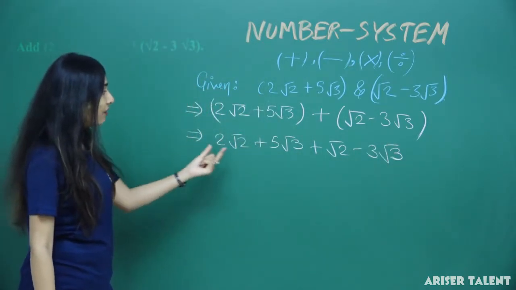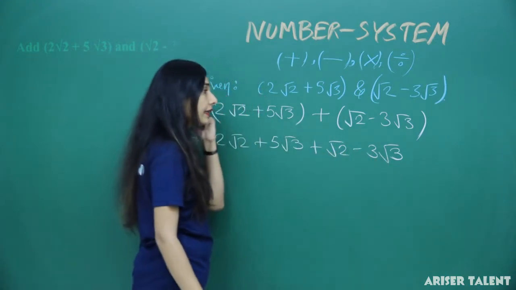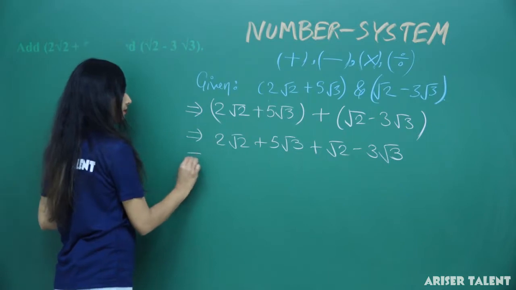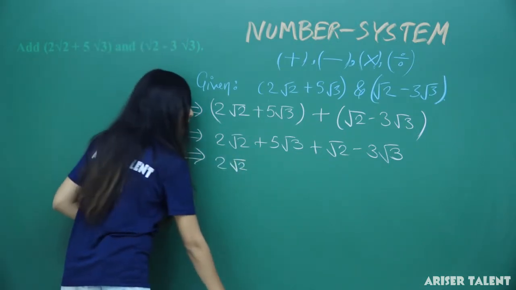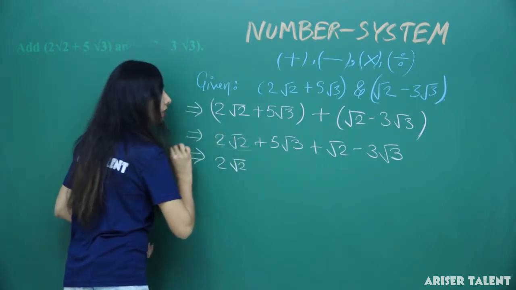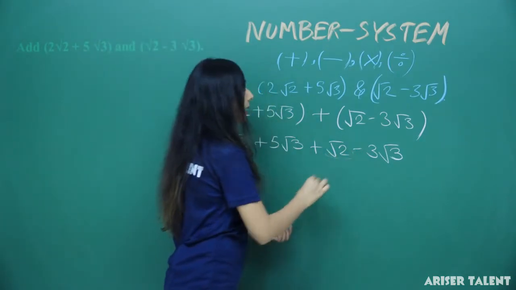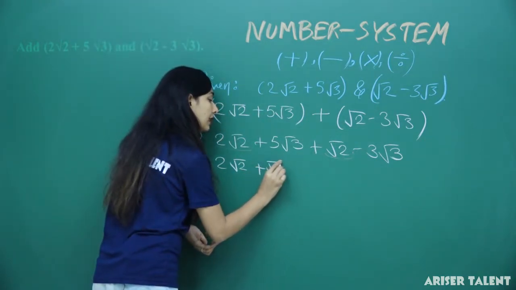Now I have root 2 terms here and here, and root 3 terms here and here. What will I do? I will rearrange it. 2 root 2, I have taken this one. Now I will pick the root 2 from here and rearrange it here.